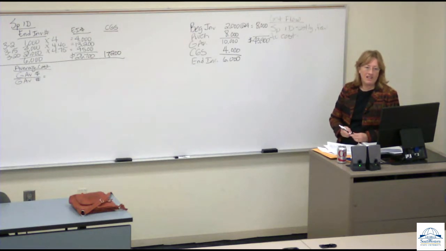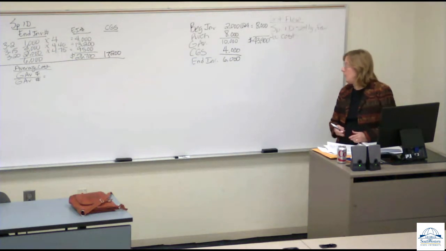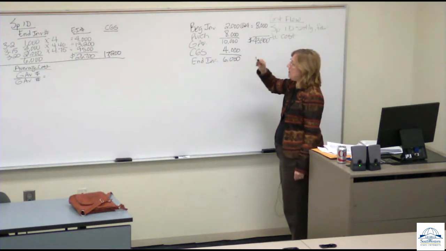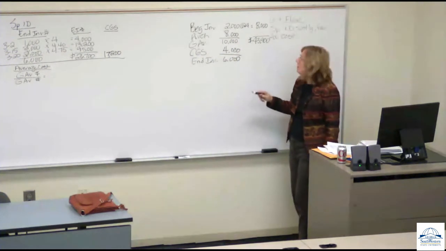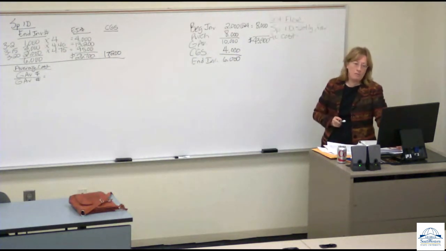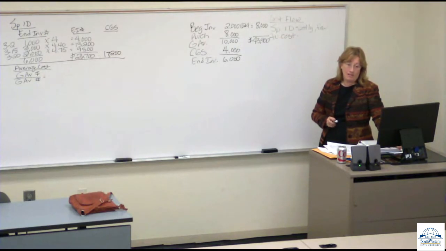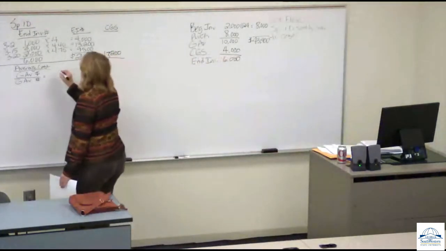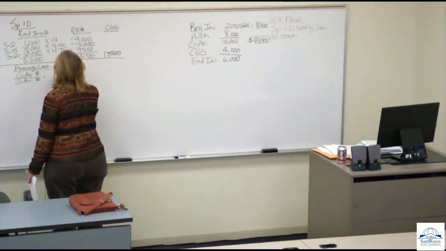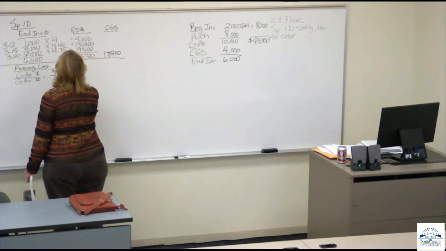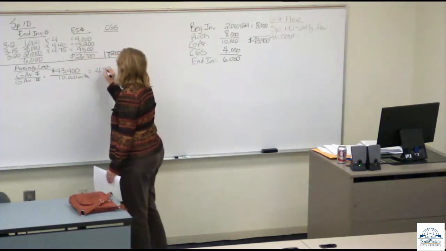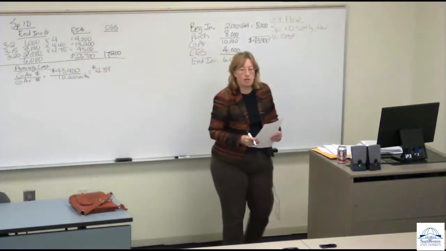Is it the 43,900 divided by 6,000? Well, no, because the 6,000 is ending inventory. We're doing our goods available in dollars divided by our goods available in numbers. Yeah, 10,000, which gives you 4.39. Excellent. So $43,900 divided by 10,000 units gives you 4.39. This is our average cost.